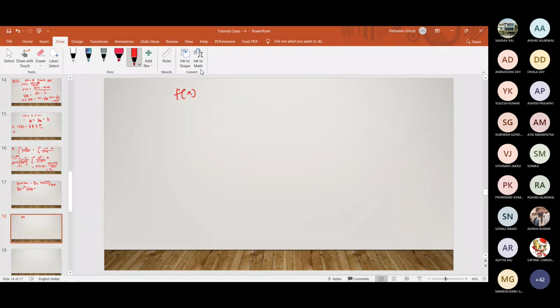False. Sir, in our lecture notes it is also mentioned that f of x comma y is not always or every time a polynomial function. Okay, f of x comma y can be any function, but a polynomial function is continuous everywhere.